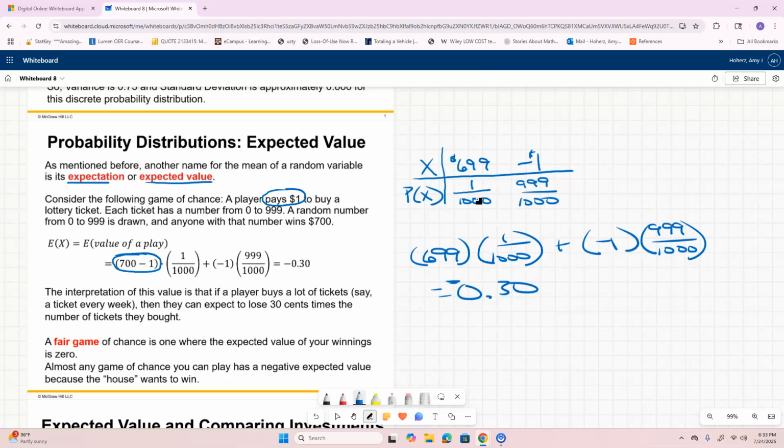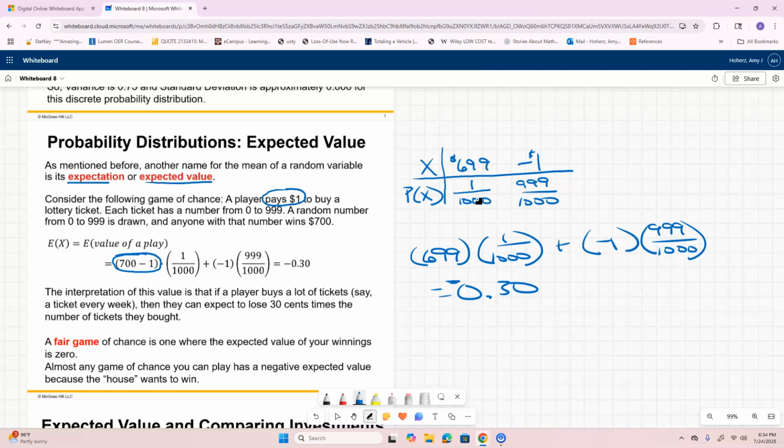And even if you play 1,000 times, that doesn't mean that you're going to win. Yes, you have a 1 in 1,000 chance, but that doesn't mean you're going to win 1 out of every 1,000 plays. And so again, if you were thinking of, I'm going to play 100 times, your expected loss is going to be $30. You're going to lose $30 on average.